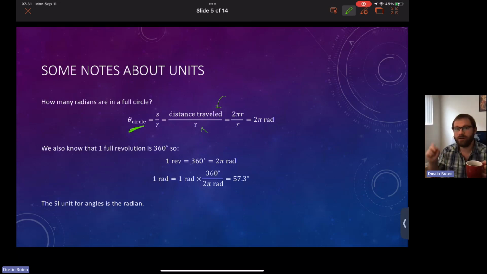Even though we don't know what these are, we can still write it out symbolically. We know that the full distance traveled around the circle is 2 pi r. We know that the radius is r, and now look at what happens. The r's cancel out, and it turns out there's 2 pi radians in one revolution.